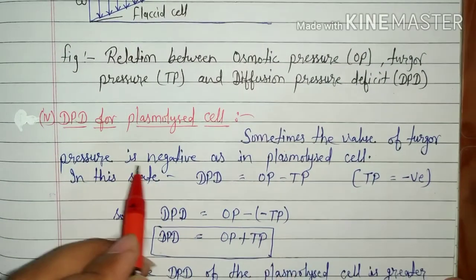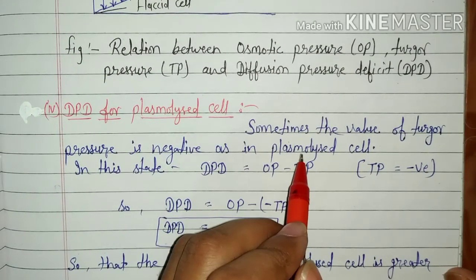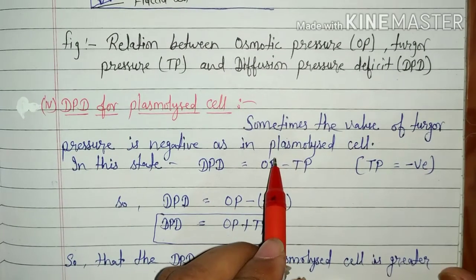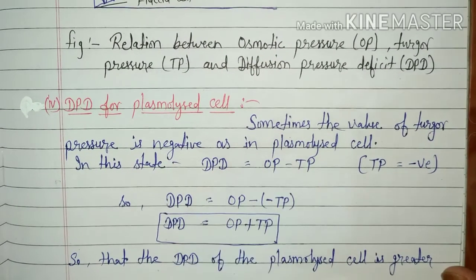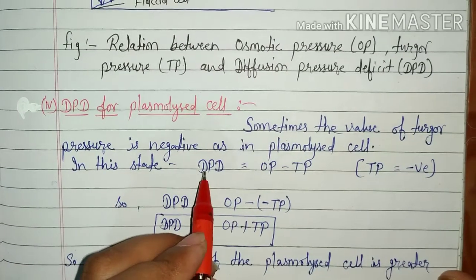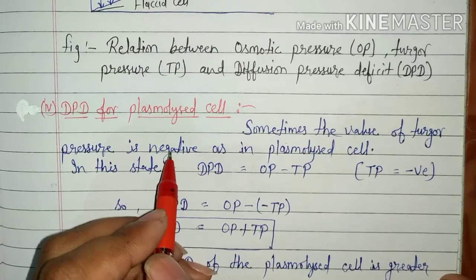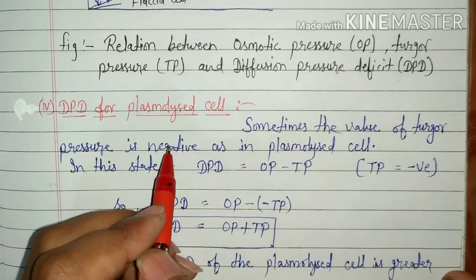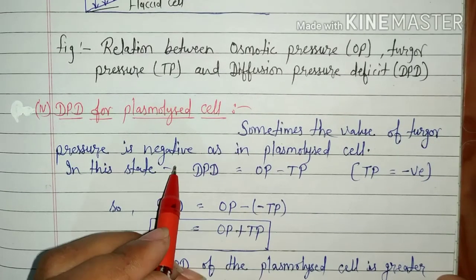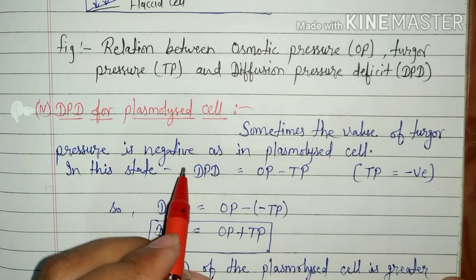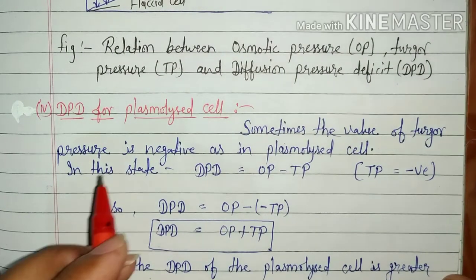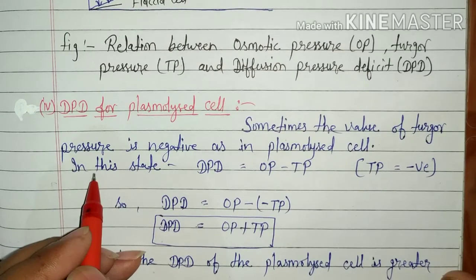Sometimes the value of turgor pressure is negative, as in a plasmolyzed cell, because turgor pressure in a flaccid cell is 0, and in plasmolyzed cells there is a highly concentrated solution and the protoplasm becomes more condensed, situated in the corner of the cell due to water loss.